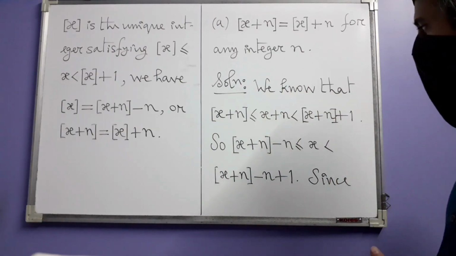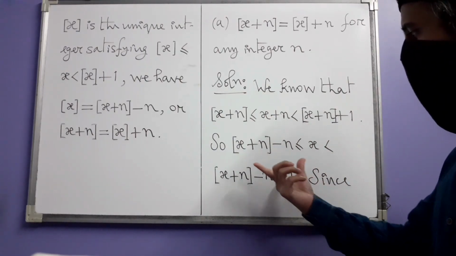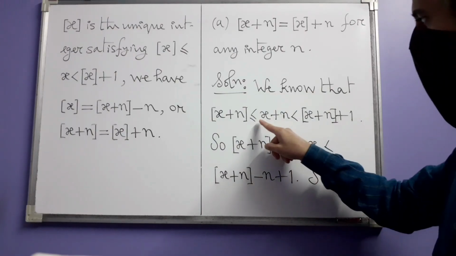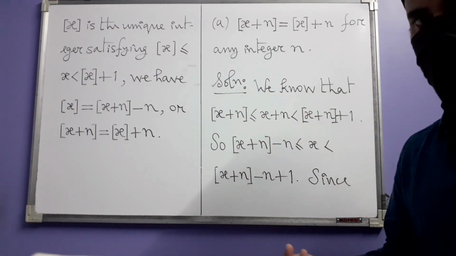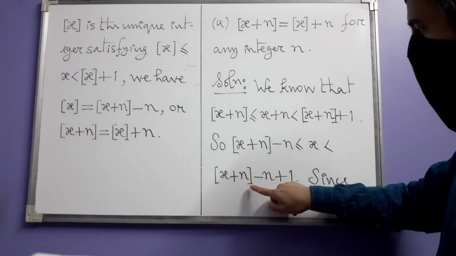Alright. Then we subtract n throughout, thereby obtaining: the greatest integer value of x plus n, minus n, is less than or equal to x, because if you subtract n from x plus n, you get x. And x is less than this minus n, plus 1.